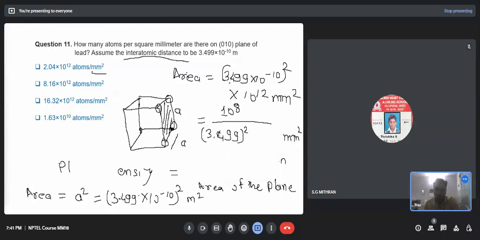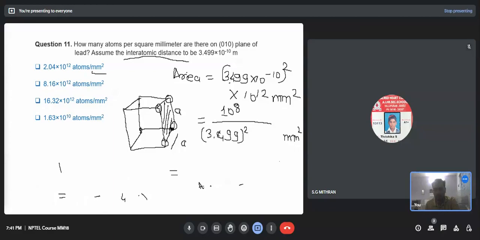Now the planar density will be atoms. How many atoms are there? 1.